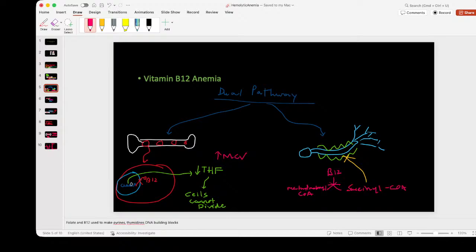The second thing here is vitamin B12 anemia. Vitamin B12 is essential specifically in the proper division of those red blood cells. And whenever you have vitamin B12, this is very simple.